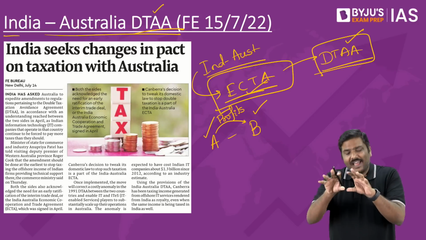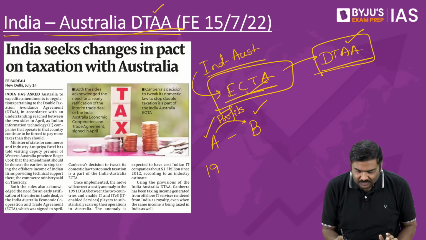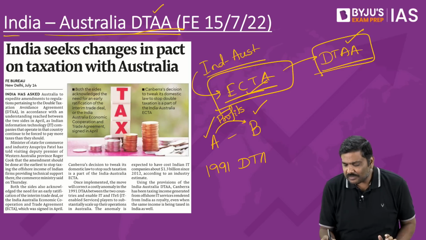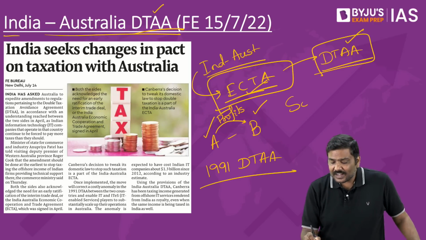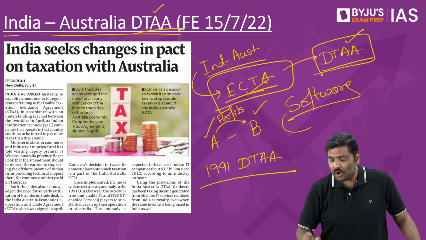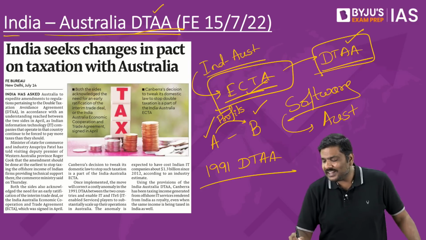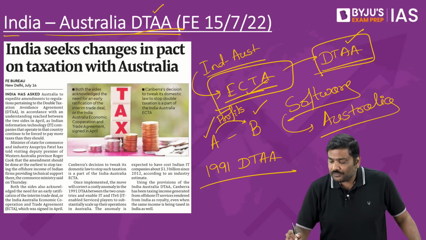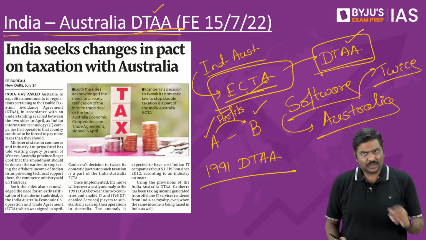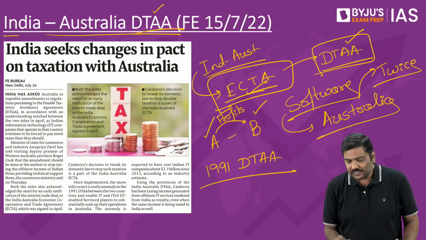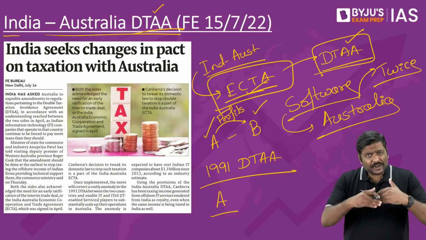And because there was an anomaly in the 1991 DTA, which was signed between both India as well as Australia, some of the software companies which provided services to clients in Australia were forced to pay taxes twice on the same amount of revenue. Imagine here is a software company A located in India.